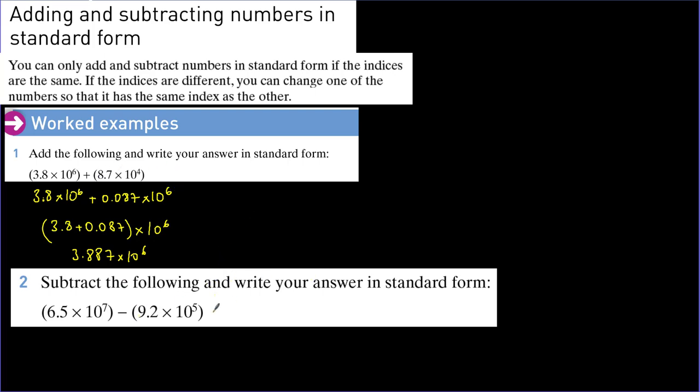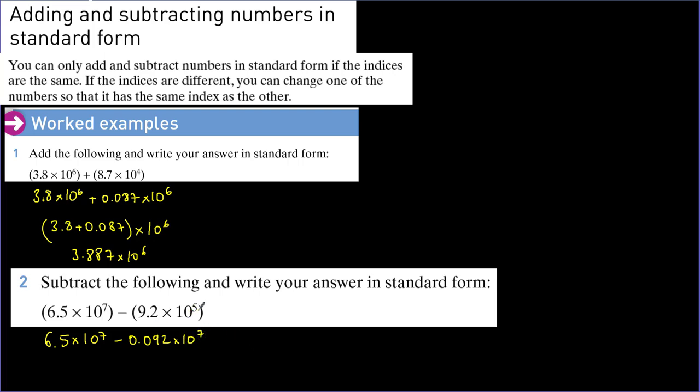So when you're subtracting, again, you're going to do the same thing. I'm going to increase this one 2 units up, which means that I'm going to move the decimal point 2 units left, which means 6.5 times 10 to the power of 7 minus 0.092, 2 units left. So times 10 to the power of 7, it has to be.